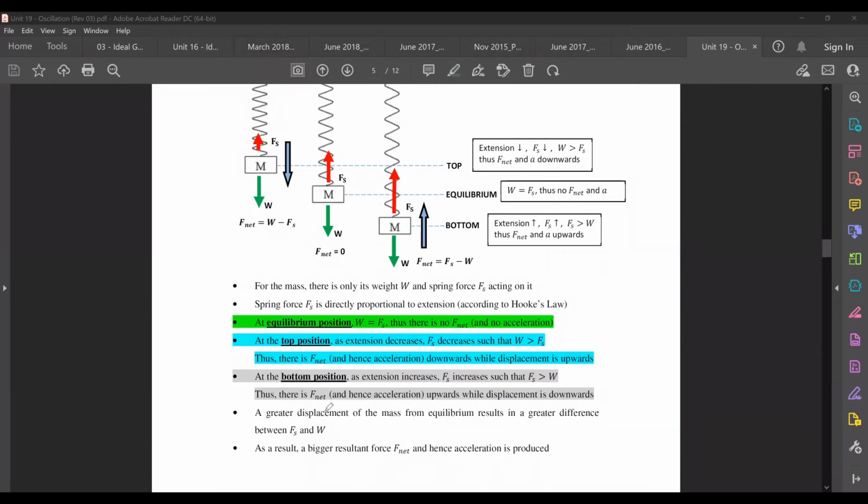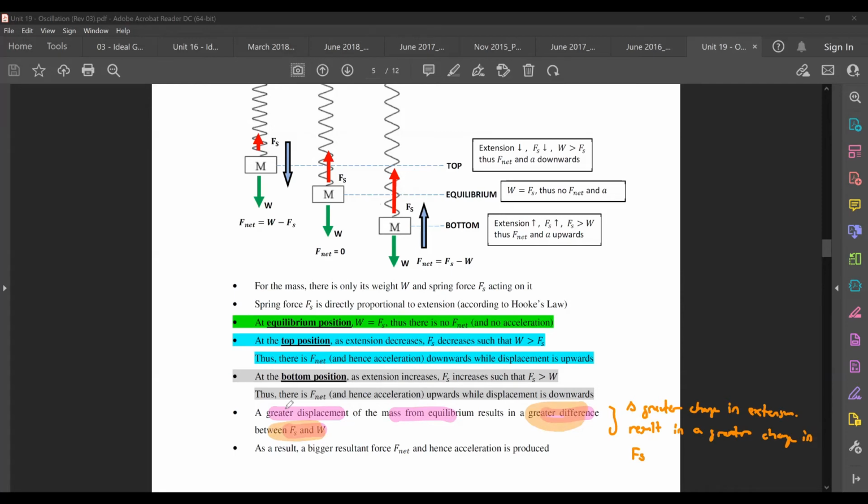Now you can see here that if you have a greater displacement of mass from equilibrium, this one actually results in a greater difference between Fs and W. Because what I can say here is that a greater change in extension results in a greater change in spring force.